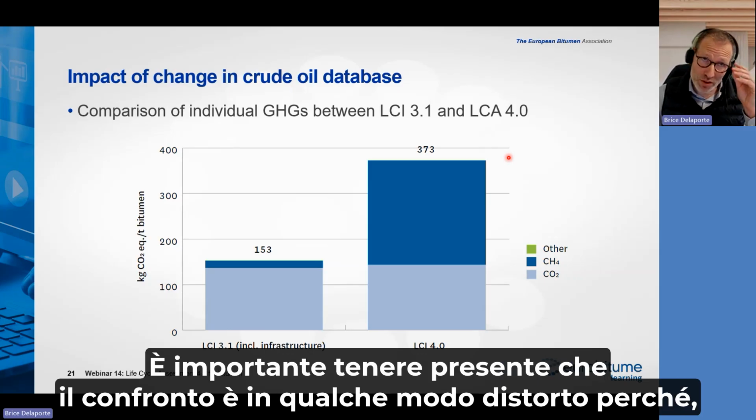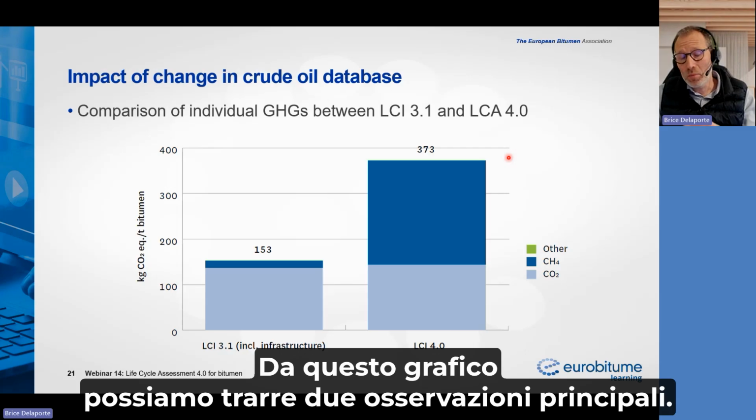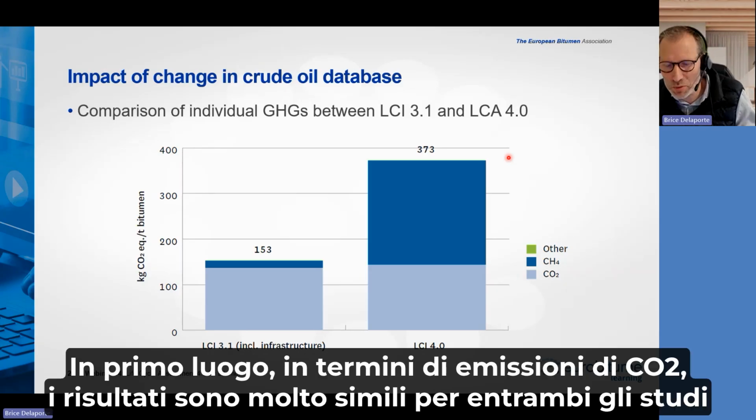What is important to have in mind is that the comparison is a little biased because in the new LCA, we use a different crude oil mix than in the previous LCI. But anyway, on this chart, we still can have, I would say, two main observations.